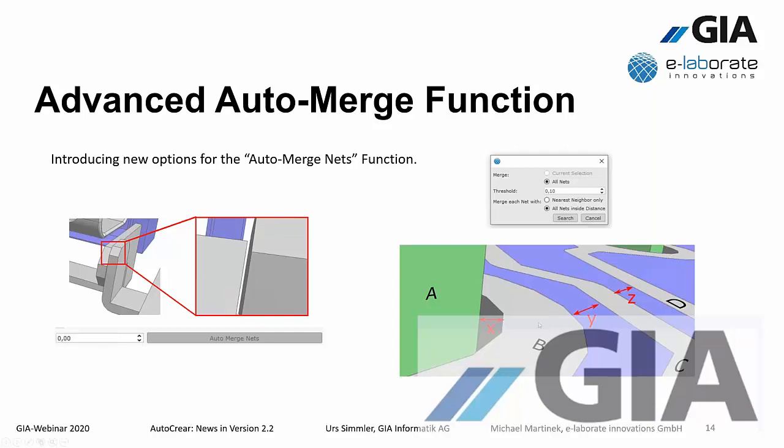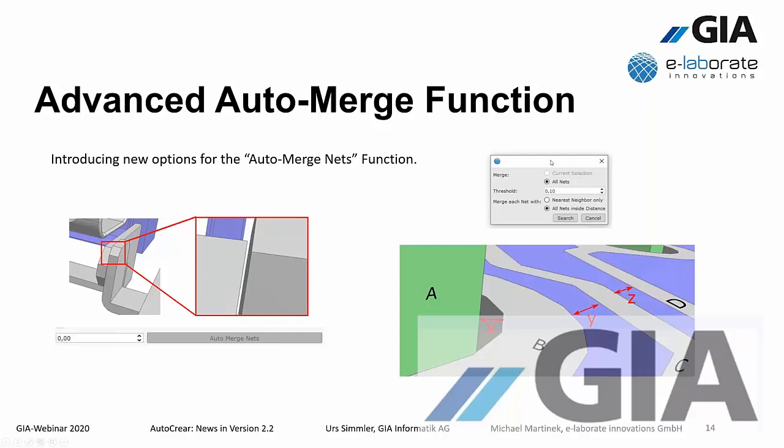So in this example, the X is an unwanted gap. If I would make a complete auto merge over the entire assembly with this value, you might also get the nets B and C or C and D merged, and that's of course an undesired effect.